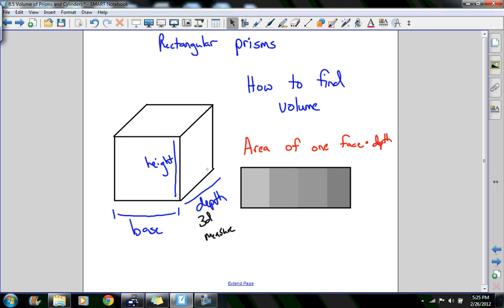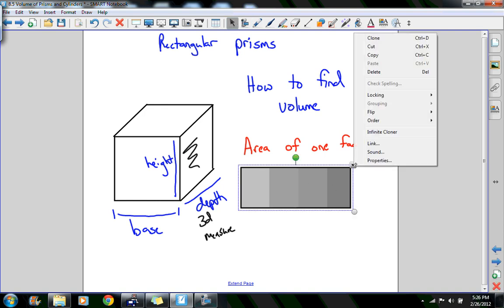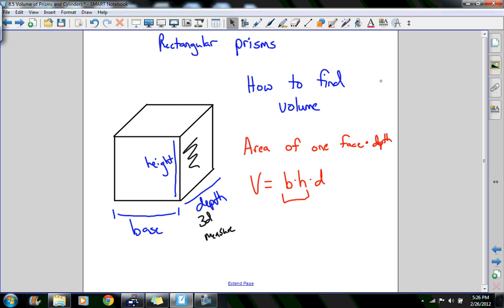Now you could also find the area of this face here, which would be height times depth, and then multiply it times base. But you'll frequently do the front one. Which means volume is given to you as this formula: base times height times depth, where base times height is the area of the front face.